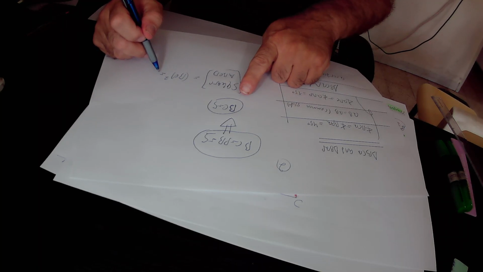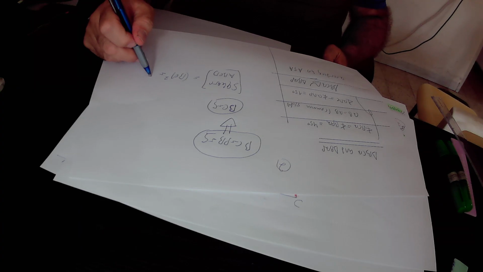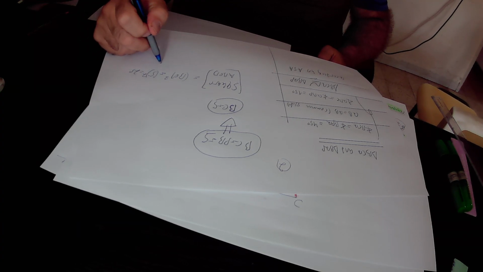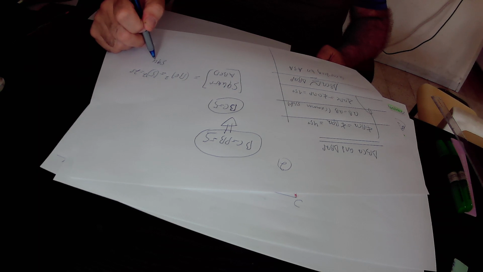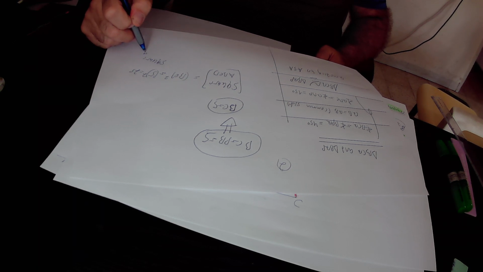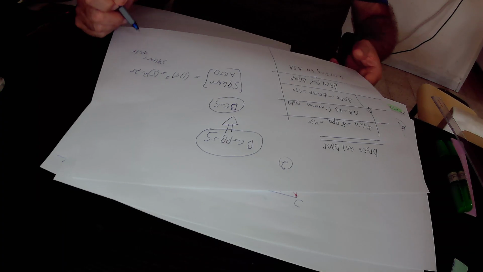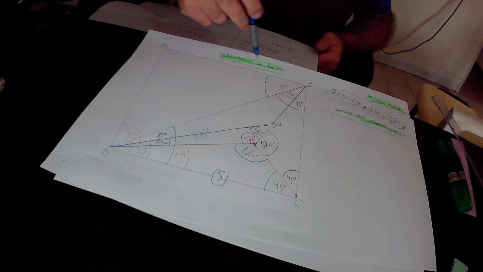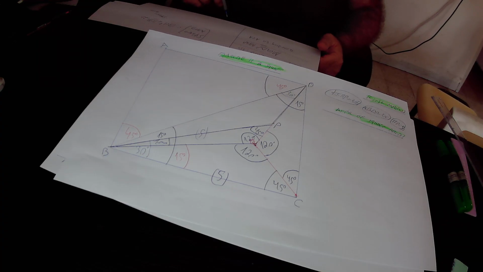But BC is 5, so BC squared is 5 squared. 5 squared is 25. So in total, the area of this square ABCD is equal to 25 square units. So we finish with the first method.